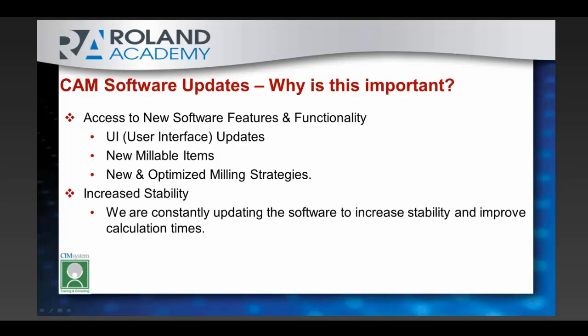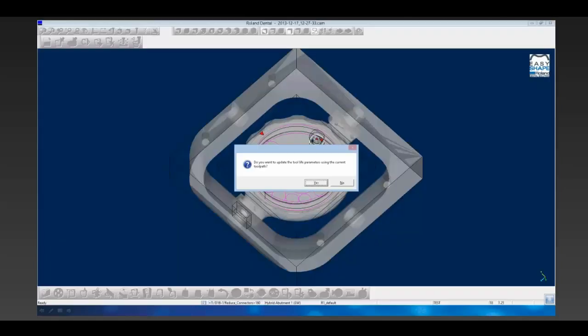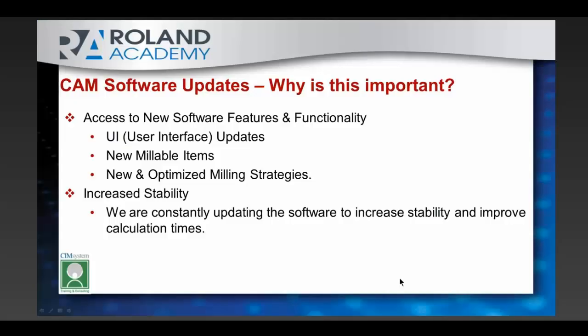Now, there are maintenance costs associated with the software. As many of you know, when you buy SUM3D, you're not forced to purchase this upgrade, but as a perk, whenever you do purchase it, you get access to new features and bug fixes. A lot of that is also increased stability with the software. At CIMsystem, we release new fixes to the software sometimes on a daily basis, to get issues fixed from the distributors' standpoint, or from an end user standpoint as well.